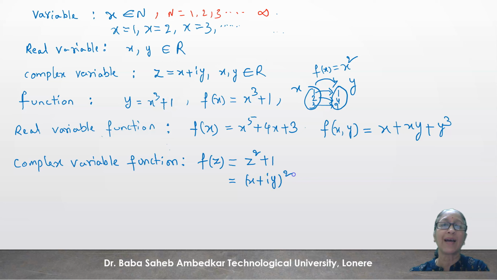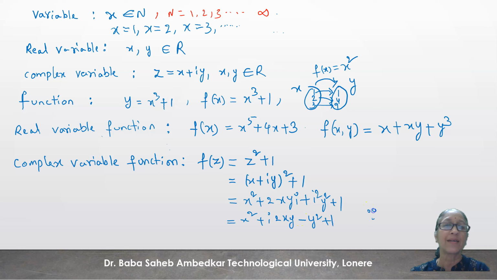So (x plus iy) whole square plus 1. If you simplify this, you get x square plus 2xyi plus i square y square plus 1. That means x square plus i into 2xy, minus y square plus 1, since i square equal to minus 1. So here you get minus of y square.